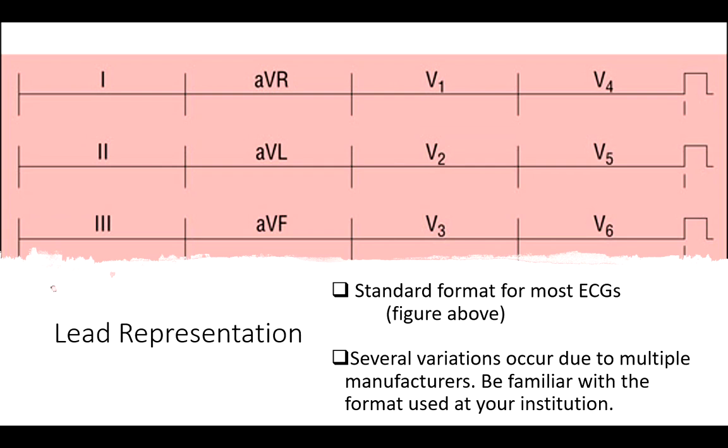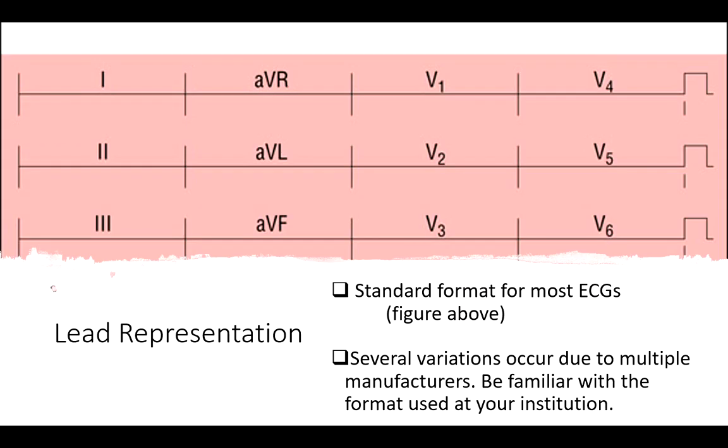Okay. There are several variations which can occur due to multiple manufacturers, but in most cases, if we look at a typical 12 lead, we can have this configuration. Some manufacturers will allow you to adjust how the leads are represented, so you can have a little more customization if you're really only concerned with a couple different ECG leads.